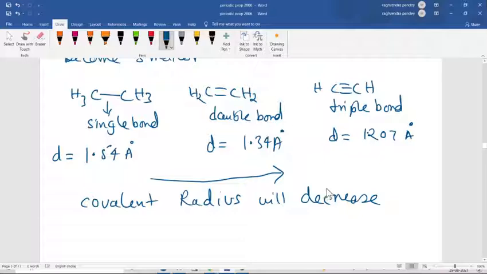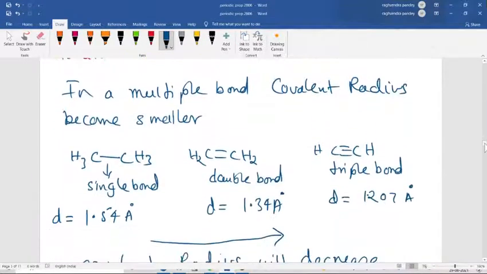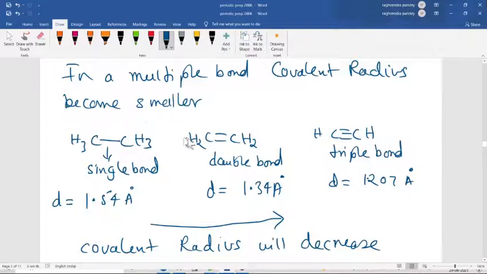Whenever we get the data, there is an IUPAC book which gives it, and we always get the data of the single bond only. Suppose nitrogen also forms double and triple bonds, but the data is for the single bond only. But remember, when there are multiple bonds, the atoms come closer to each other.